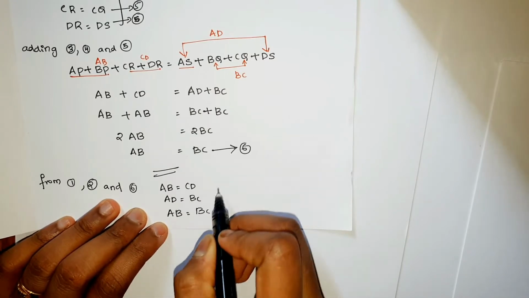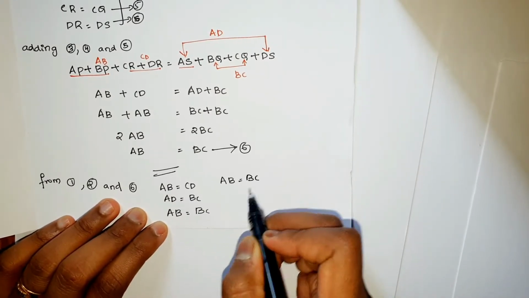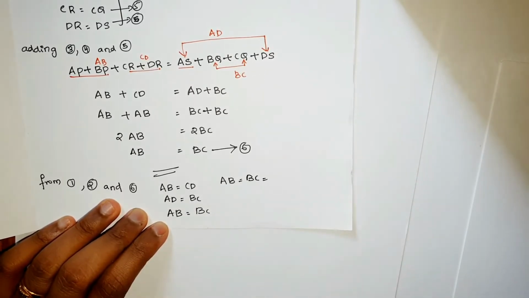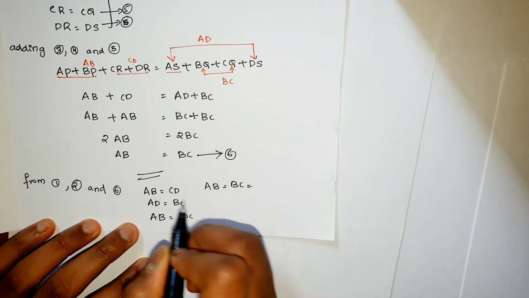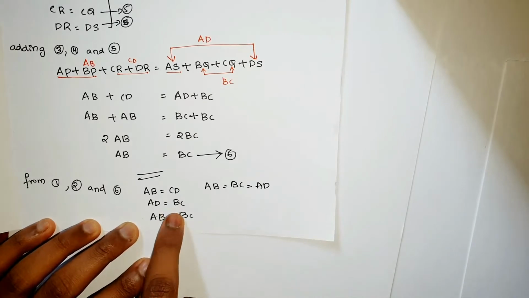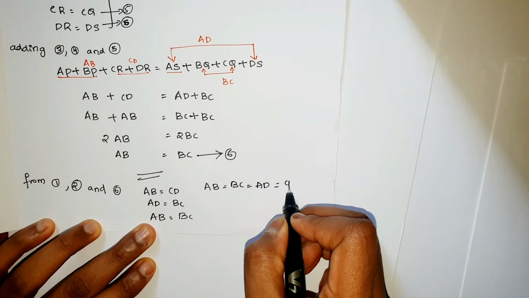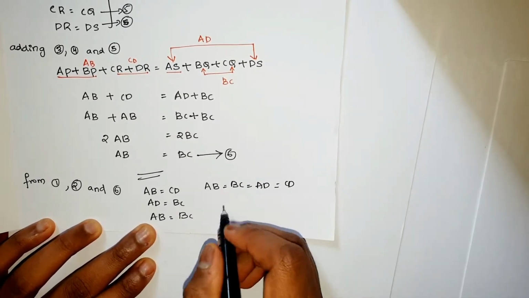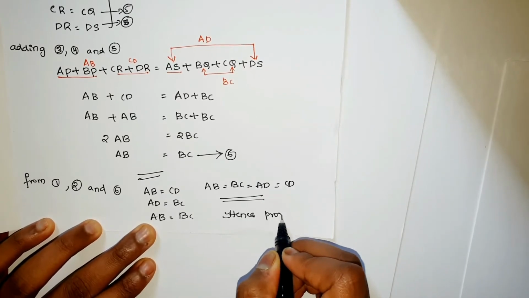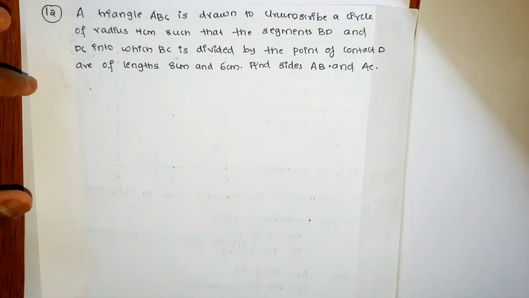So all sides are equal. BC is equal to AB here. Then what we want next? AD. AD is also equal to BC. Next is CD. CD is equal to AB. So all sides are equal. Hence proved. We got all the sides as same.